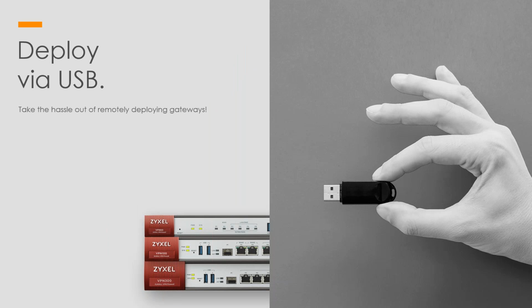Deploying the gateways is as simple as plugging in a USB stick or clicking a script linked in the email. So basically you add the device to Nebula Orchestrator, which then sends you an email with a script built in and an attachment that you can save to a USB stick, and then plug the USB stick into the device and reboot it.